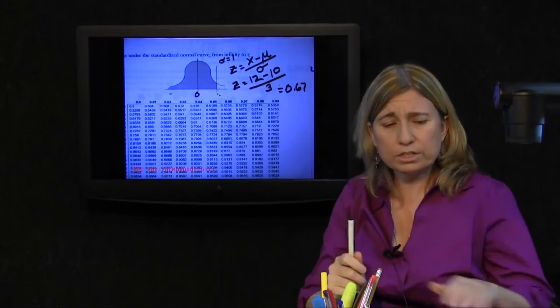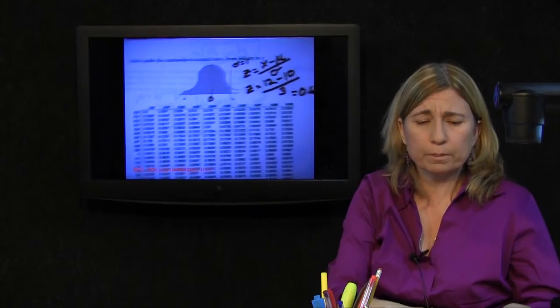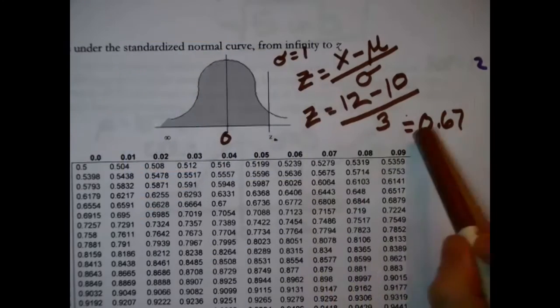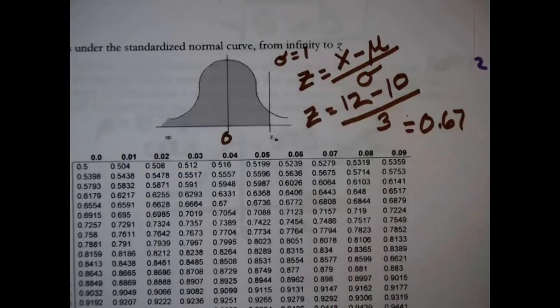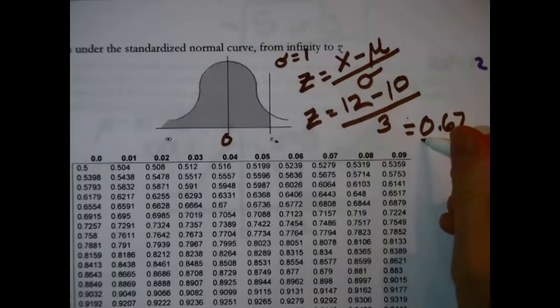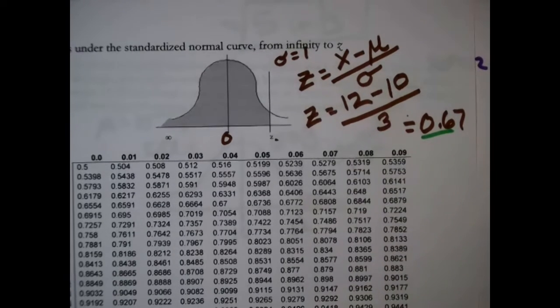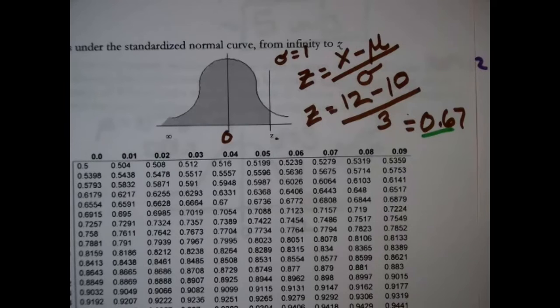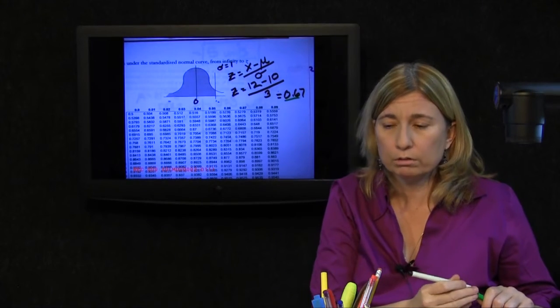Now, how do you use a z-table? You've got this score. The first 2 digits, 0.6, tell you the row to look on, and the third digit, the 7 in our case, tells you which column to look in.